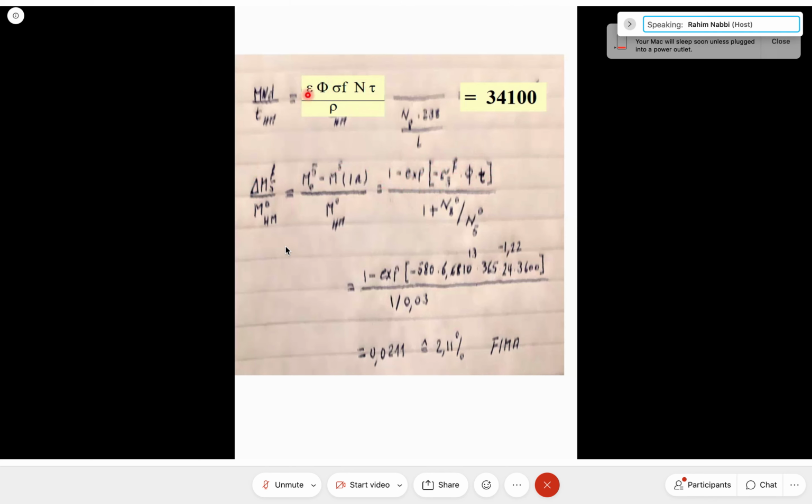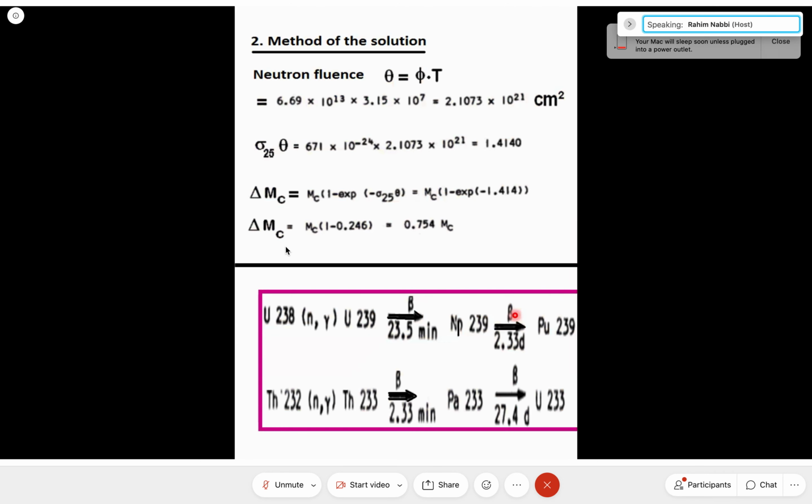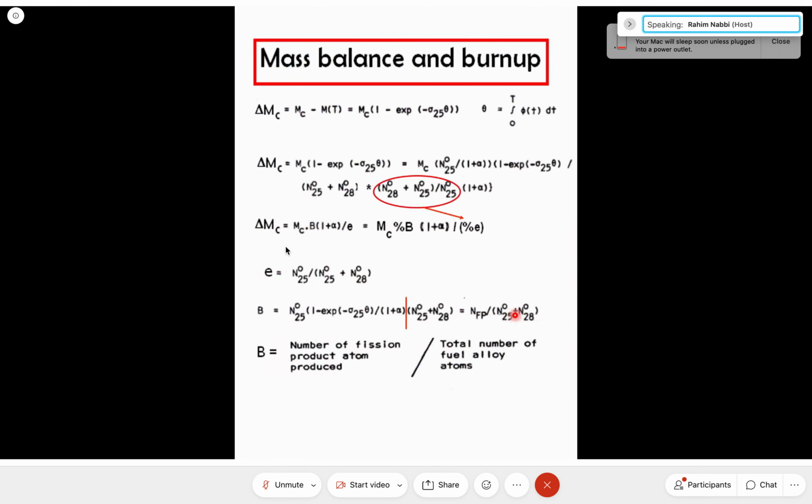That would be the whole energy produced. Good. So, I hope it was understandable.